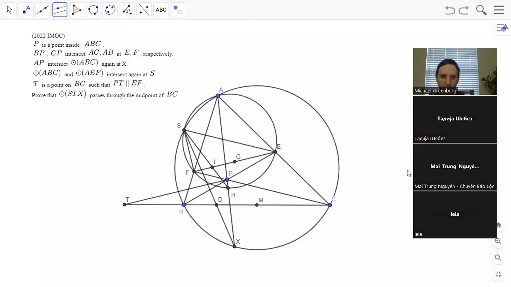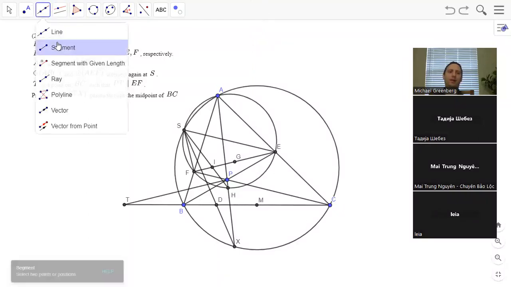Okay, so you could get angle SDI is equal to SBF, which is SBA, which is SXA.